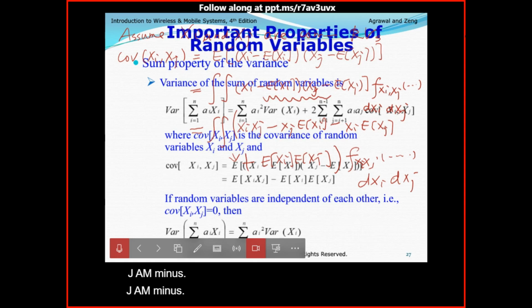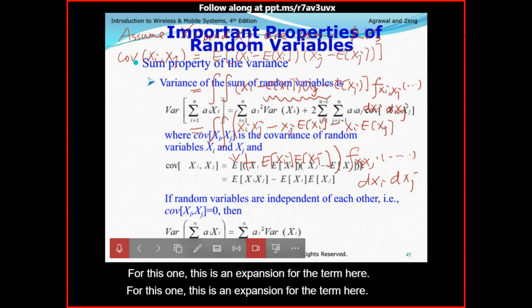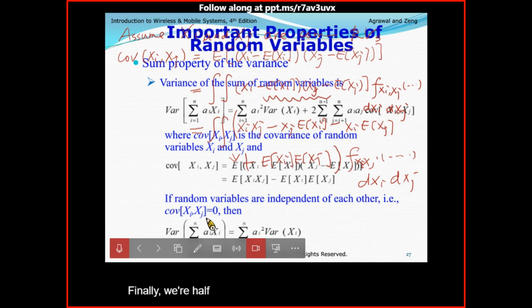All right, and still we have the joint PDF. So if so, then you can have the results like this.